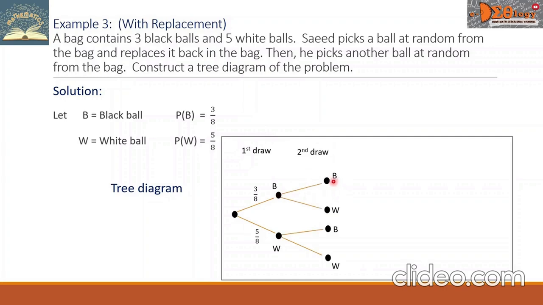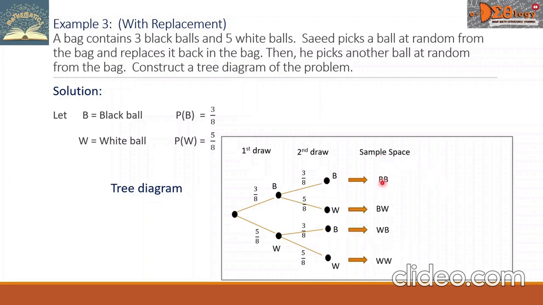So we have B, W, B, W respectively. Then we write the respective probabilities. Since the first ball is replaced back, there is no change in the probability. So we have 3 over 8, 5 over 8, 3 over 8, 5 over 8 respectively.